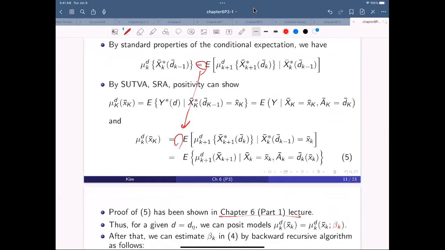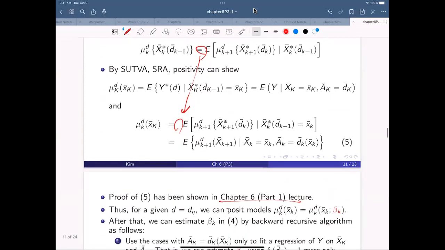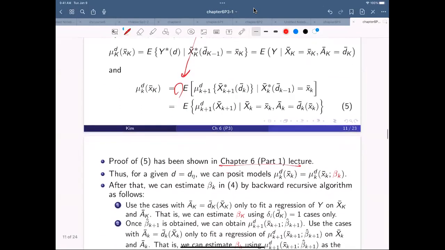Basically, the conditional on potential outcome should be equivalent to being written as conditional on your observed data with the choice corresponding to the given potential outcome, given the D, whatever the D.